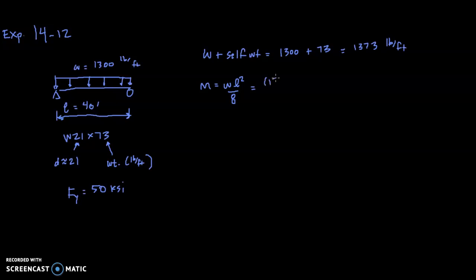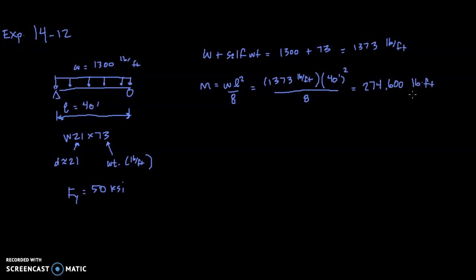So it's going to be 1373 pounds per foot times the span length of 40 feet squared, don't forget to square it, divided by 8, and we find that the moment is 274,600 pound-feet. So that's a pretty big number.